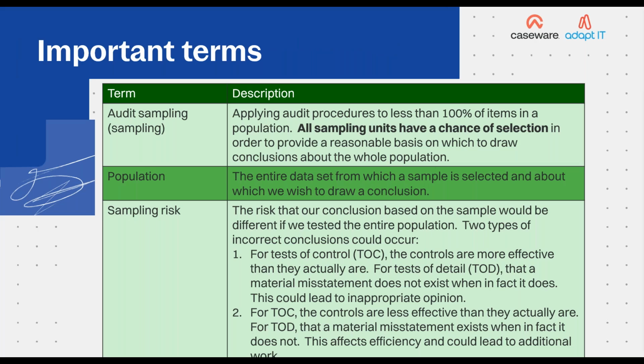Good, let's have a look at some important terms. So audit sampling. That is defined as applying audit procedures to less than 100% of items in a population. And important, all sampling units have a chance of selection in order to provide a reasonable basis on which to draw conclusions. So all of them don't have to have the same chance of selection, but they all have to have a chance of selection.